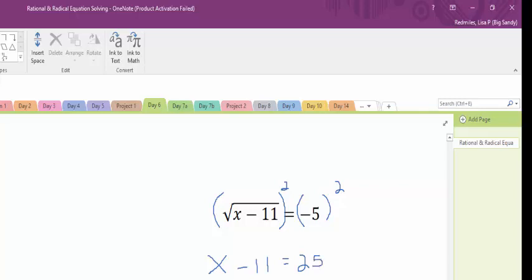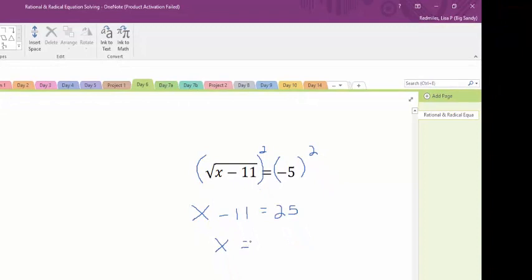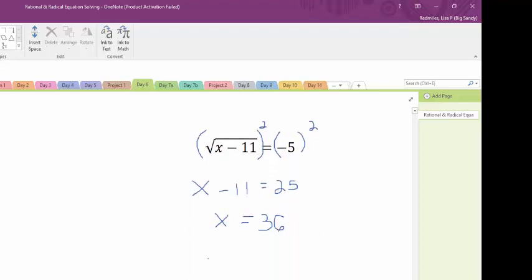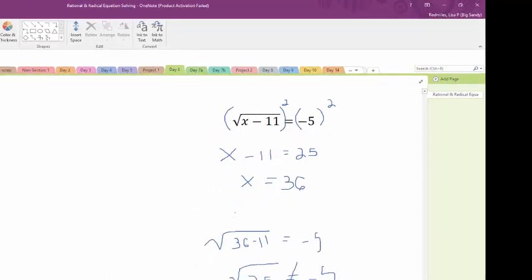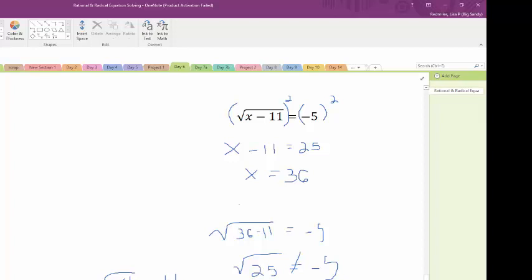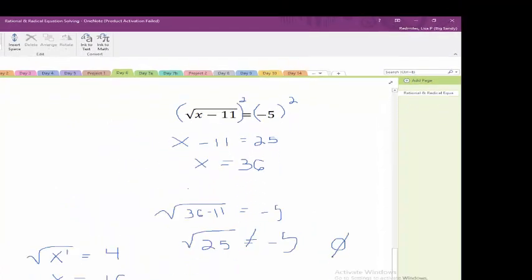Now we add 11 to both sides and get that x equals 36. So now we want to check our solution. And when we do, we plug 36 in. 36 minus 11 is 25, and the square root of 25 does not equal -5. So for this one, we actually have no solution. The solution we got does not work, so it's no solution.